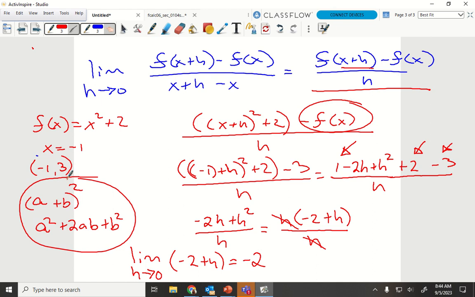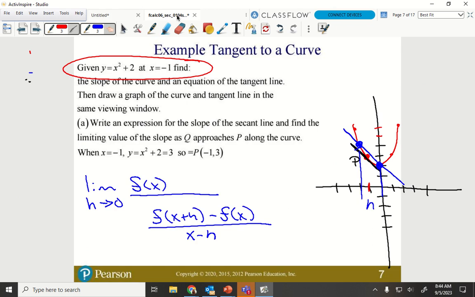So, going back to this, we got the expression, and when x is -1, the slope is going to be what? It would be -3.